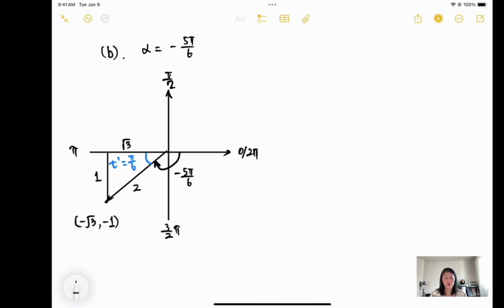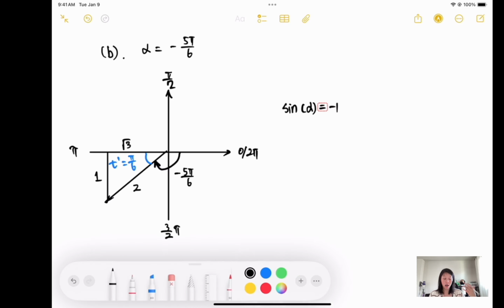So what's next? Let's find our sine alpha. Sine alpha is equal to our y value, which is -1. Oh, sorry, it should be the opposite over the hypotenuse. We need to be careful.